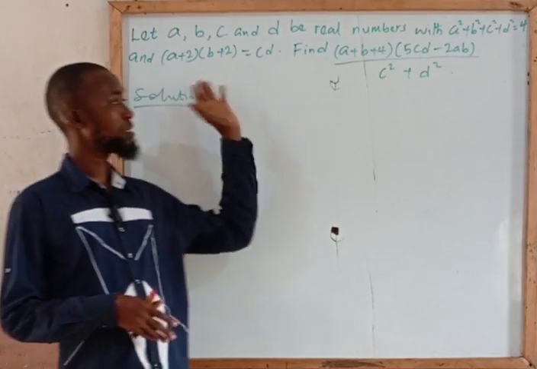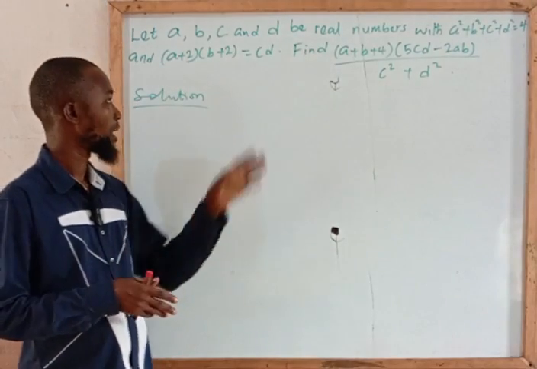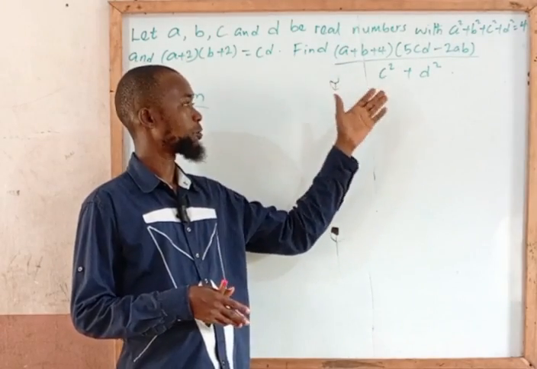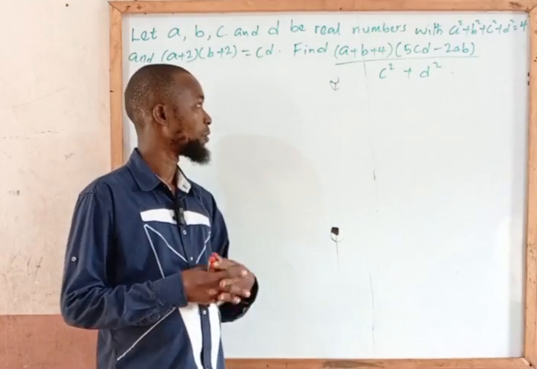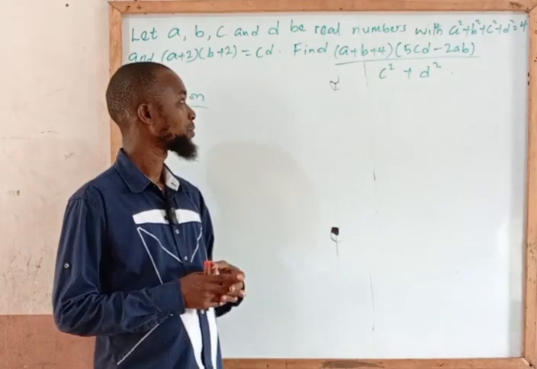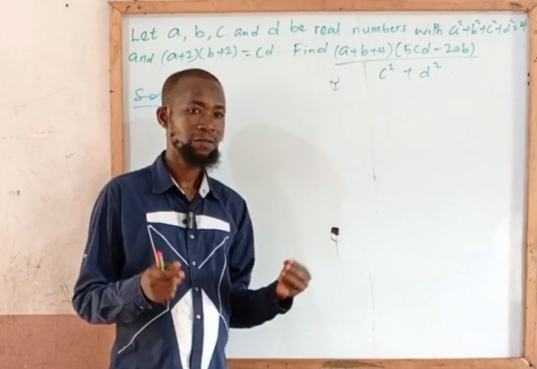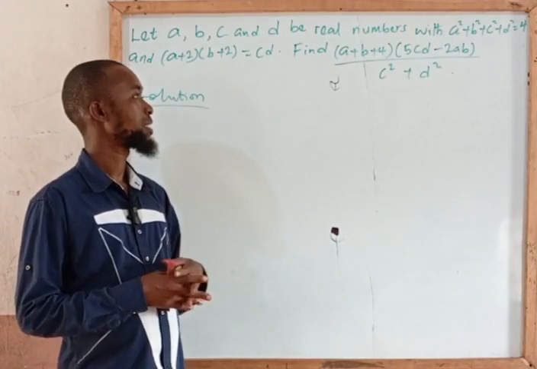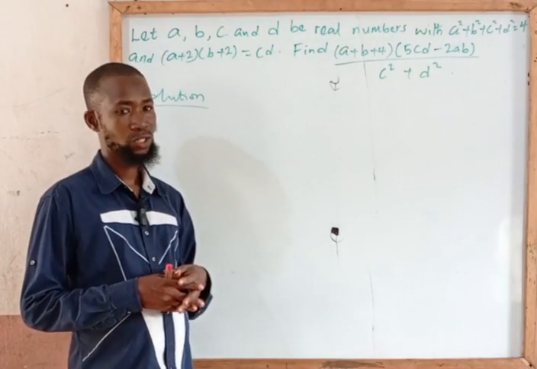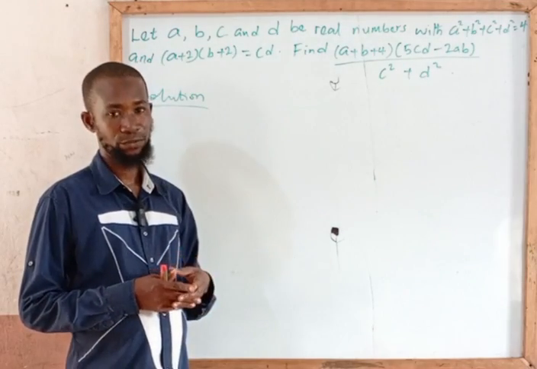As the question is written, we have to find (a + b) times (4 times 5cd minus 2ab) everything over (c squared plus d squared). Severally I've said that in order to deal with a question like this, we should first of all go to the required part of the question.